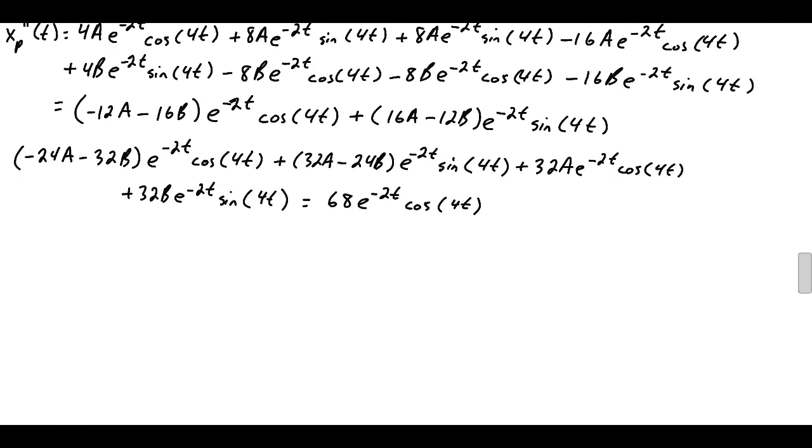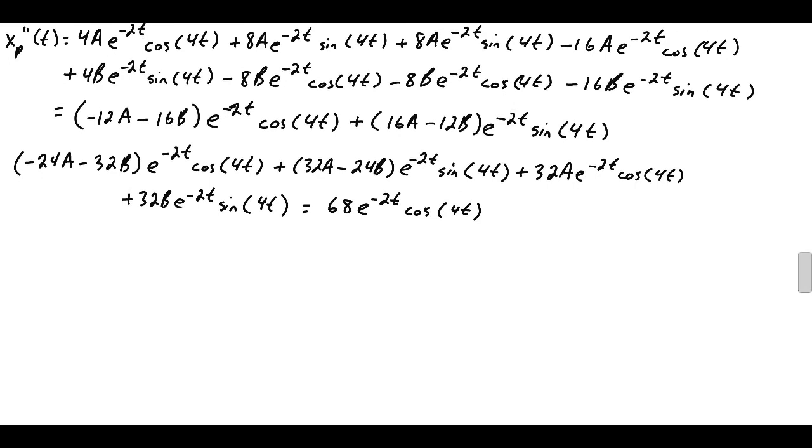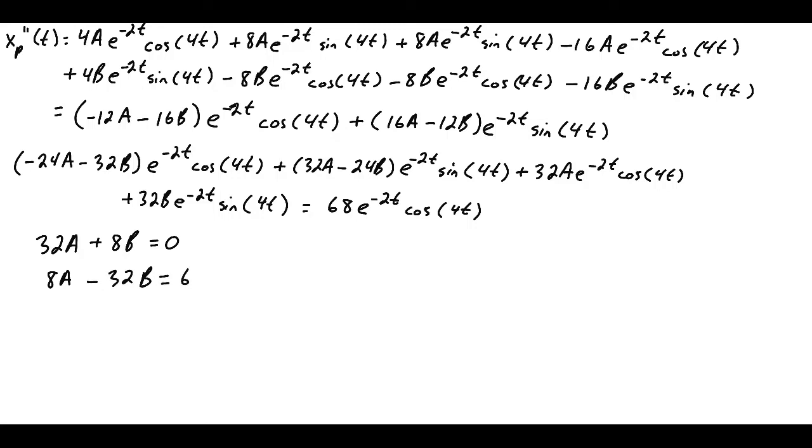From this, we can equate coefficients to see that, if we go ahead and combine some of these, 32a plus 8b must be equal to 0, and also 8a minus 32b must be equal to 68.